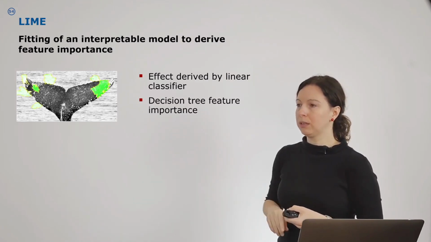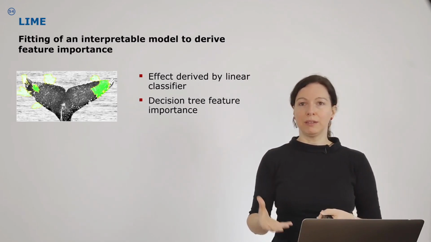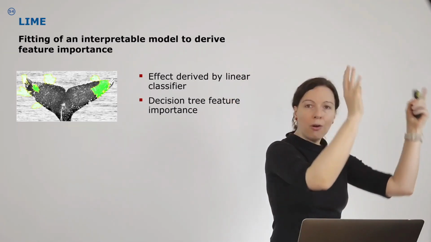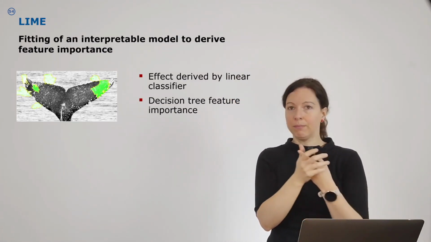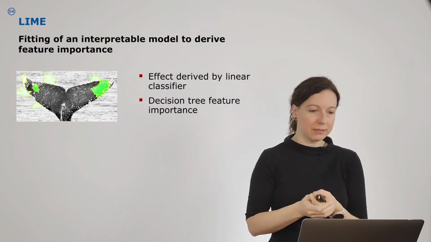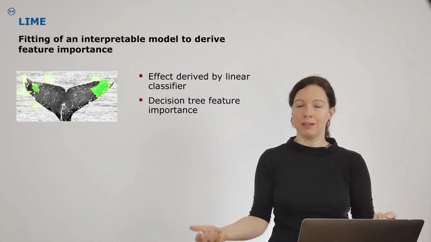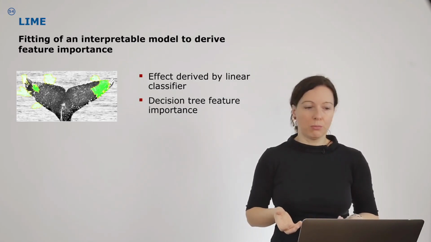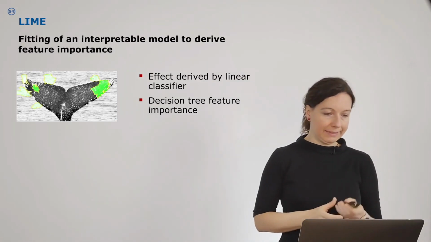Or for example, you can train a decision tree, and then you can compute the feature importance, because one superpixel is one feature. You can use all the methods you already learned to get the feature importance with inherently interpretable models. And once you identified which superpixels are important, you can highlight them in the image, for example, like this.